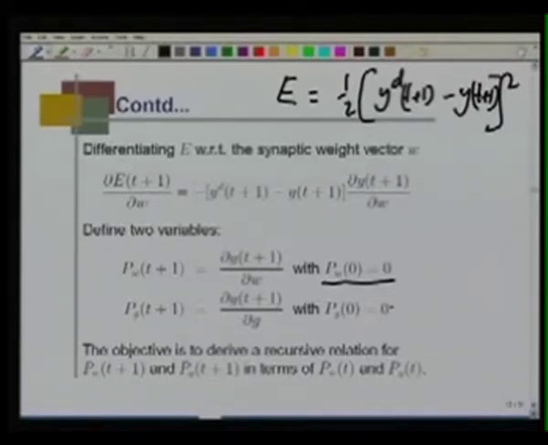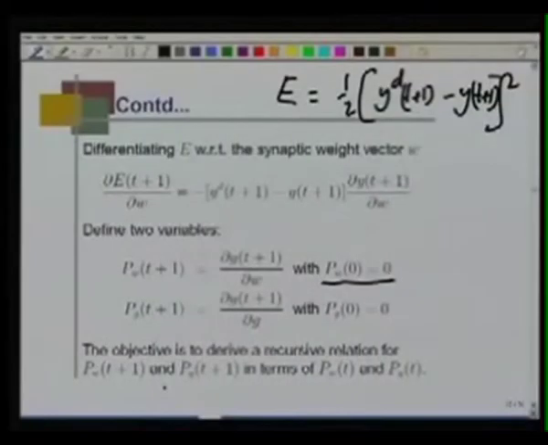The objective is to derive a recursive relation between Pw t plus 1 and Pwt, Pgt. Similarly, Pg t plus 1 in terms of Pwt, Pgt. This is the theme of real time recurrent learning, RTRL.